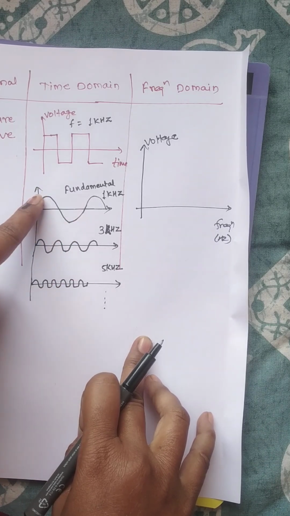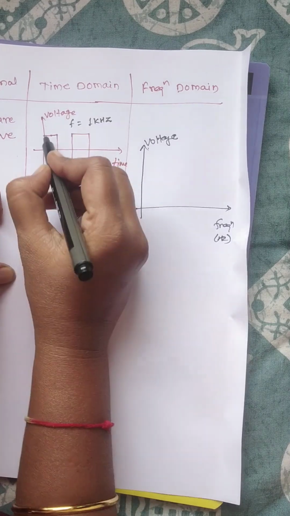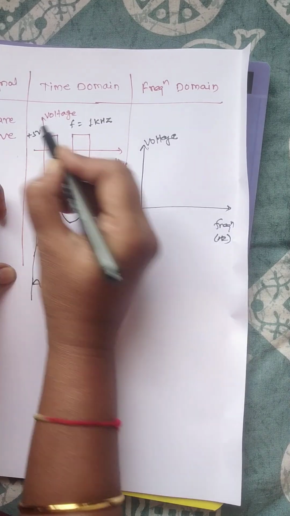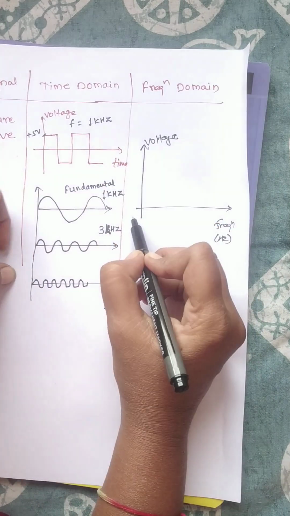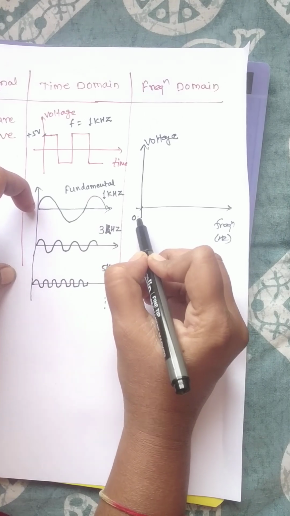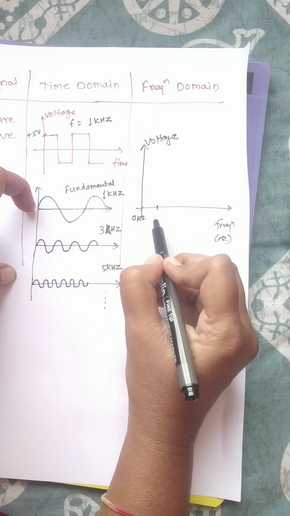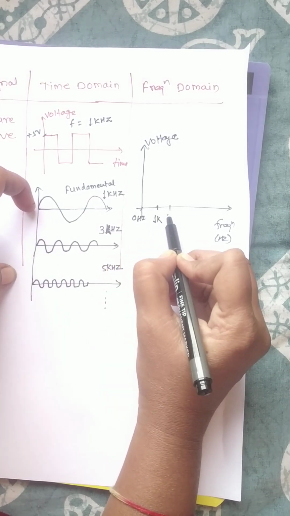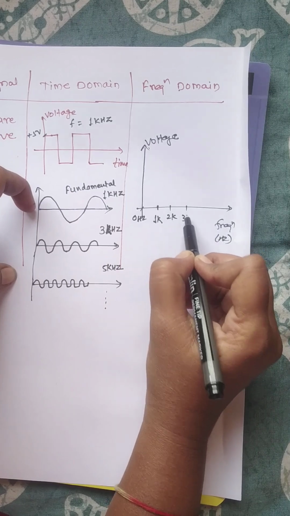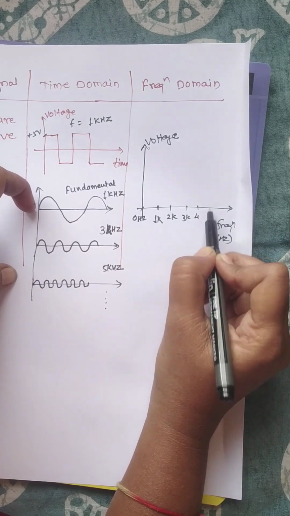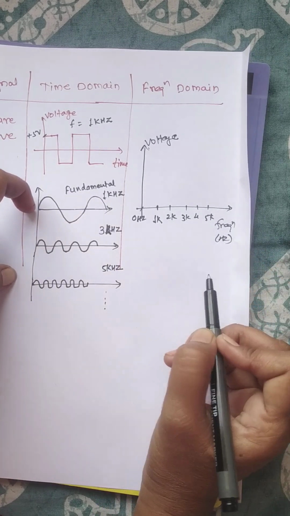So first, the fundamental frequency, its amplitude let us consider plus 5 volt. So let me take 0 hertz here. Then 1K, 2 kilohertz, 3 kilohertz, 4K, 5K and so on.